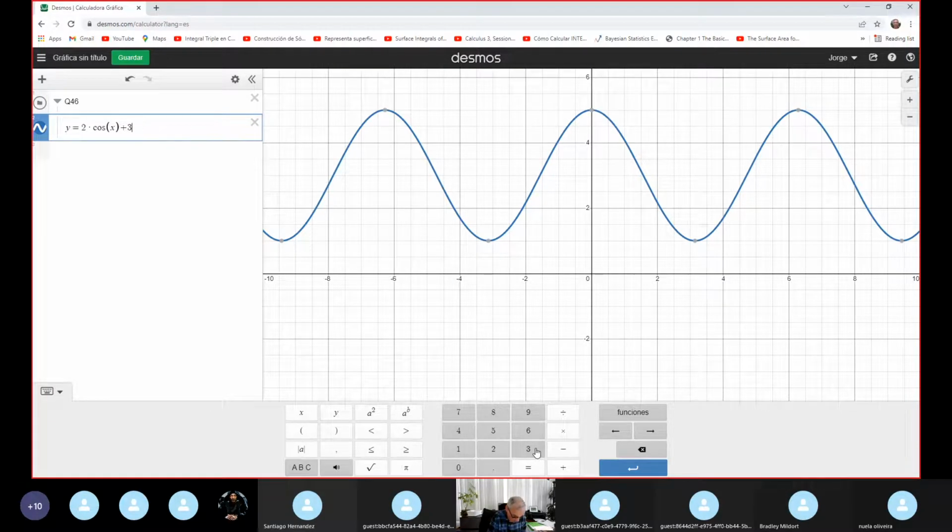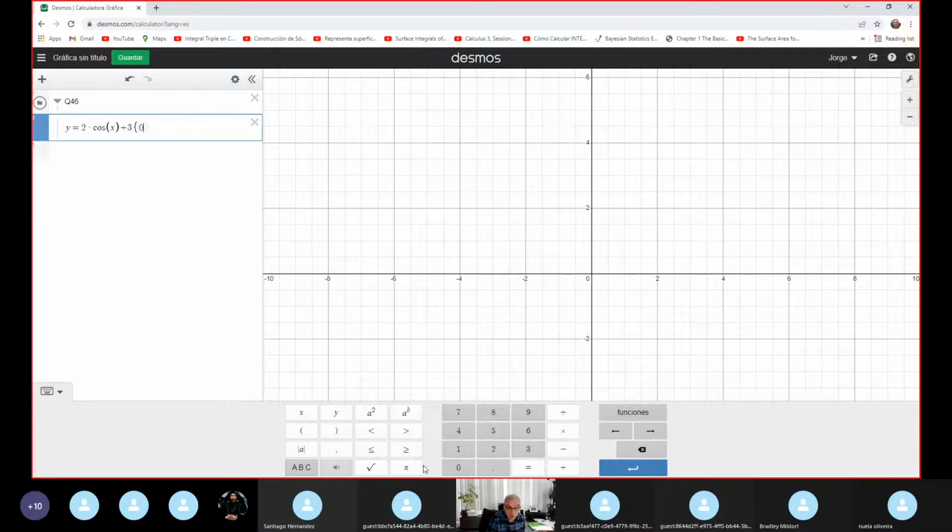But I recommend you use restrictions to avoid seeing the infinite oscillation of the cosine. You put this curly bracket. I put 0 less than or equal to x less than or equal to pi. And you see the piece that we need in our problem. Got it?